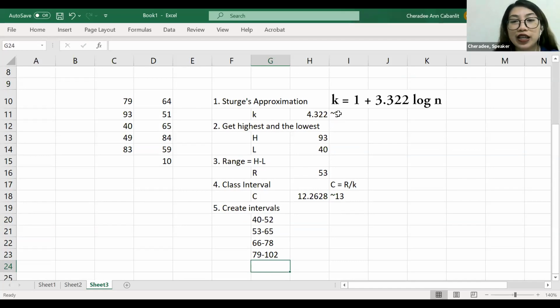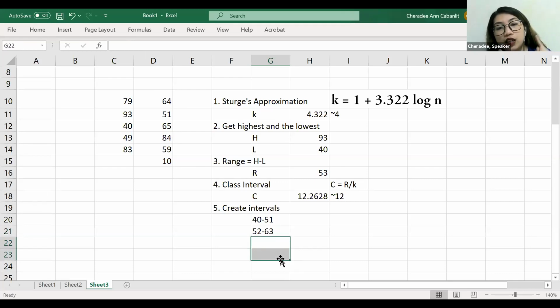Let's try pushing with 12 instead. If it's 12, we can still get 5 classes. So 40 to 51, and then 52 to 63, correct.